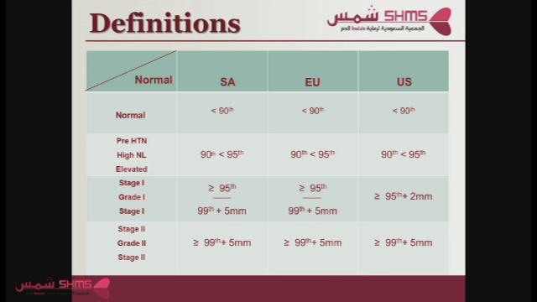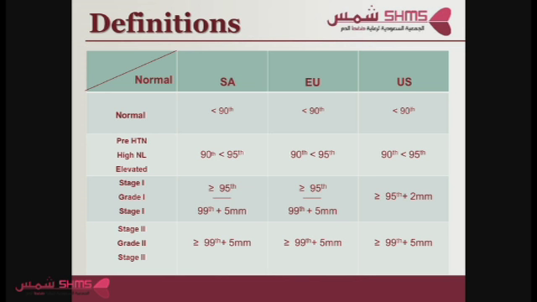So I'm going just to go over it. The normal is below the 90th percentile in all guidelines, and in the recent Canadian guidelines, which have just appeared. Pre-hypertension, they call it high normal in US guidelines, elevated in European, and all the same definition: between the 90th to less than the 95th percentile.